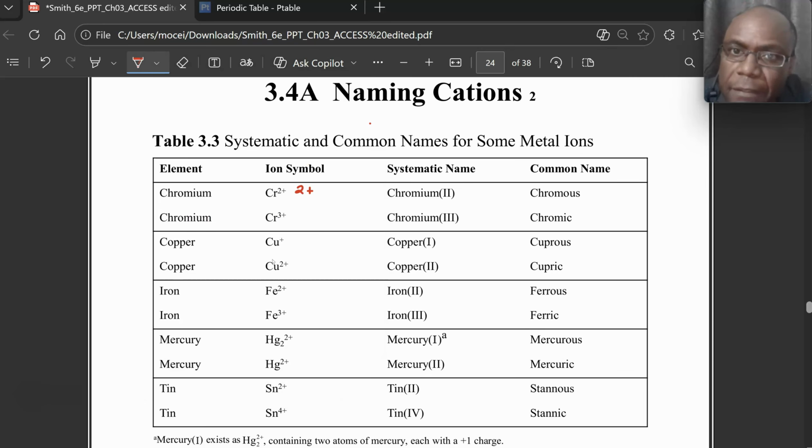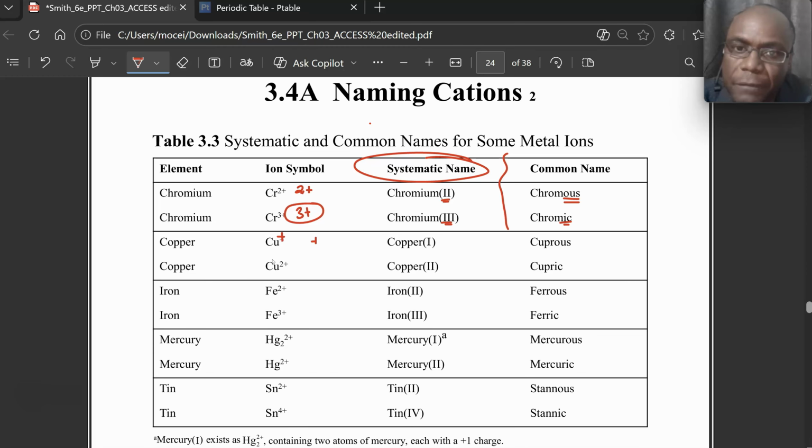Chromium can exist in 2+ or 3+ form. Systematic name will say chromium Roman 2, chromium Roman 3, but the common name will call the one with the least plus chromous, while the one with the maximum charge 3+ chromic. So ous and ic.